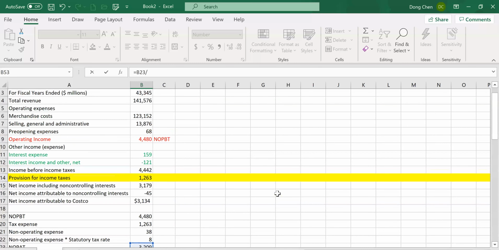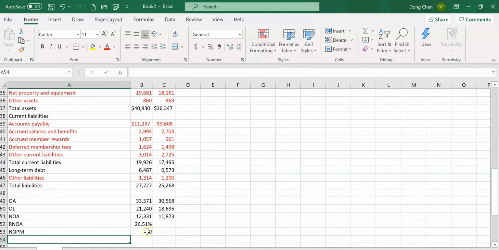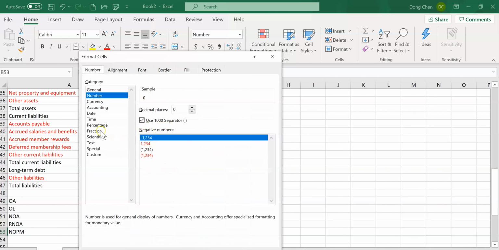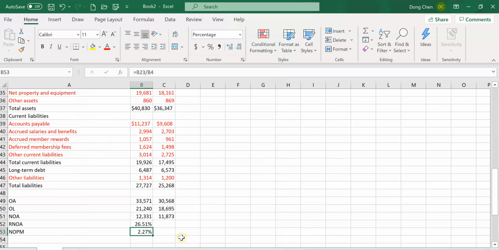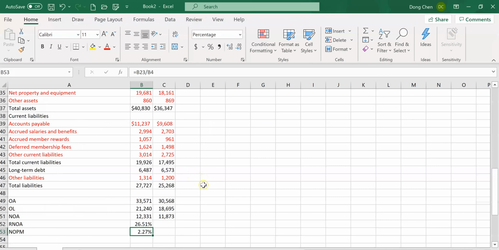So we just go back to the income statement and get the total revenue. It's right here. And then we also need to format this cell to keep it in percentage term and keep two decimal places. So NOPM turns out to be a very small percentage number. It's 2.27.